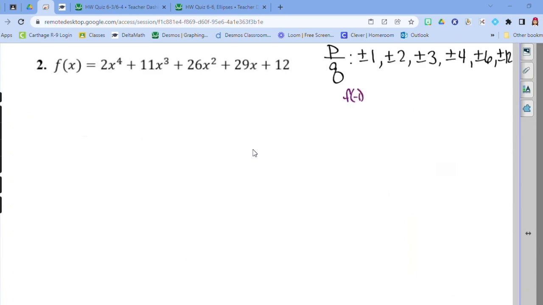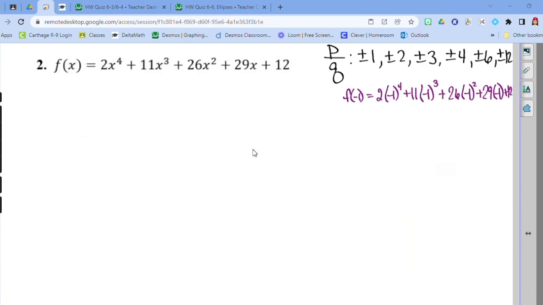So f of negative 1 equals 2 times negative 1 to the 4th plus 11 times negative 1 cubed plus 26 times negative 1 squared plus 29 times negative 1 and then plus 12 there at the end.